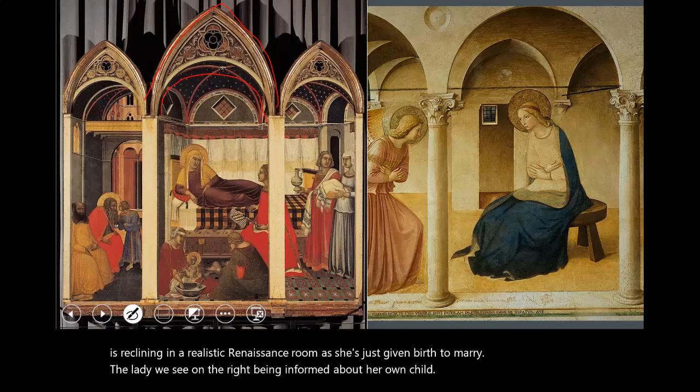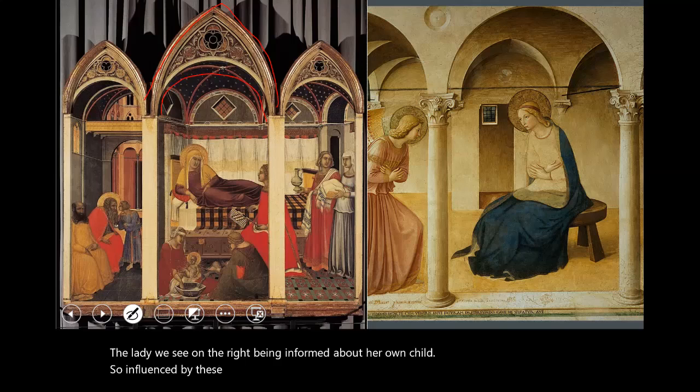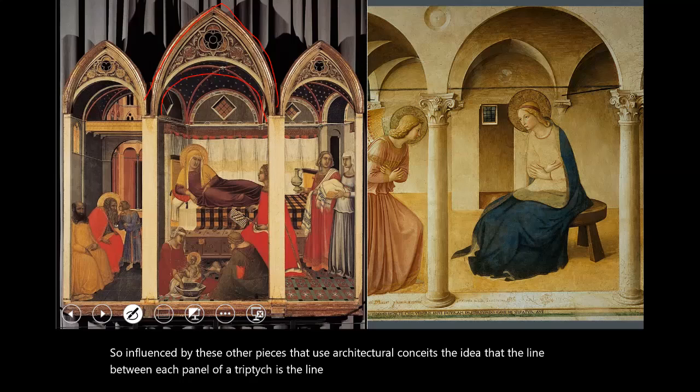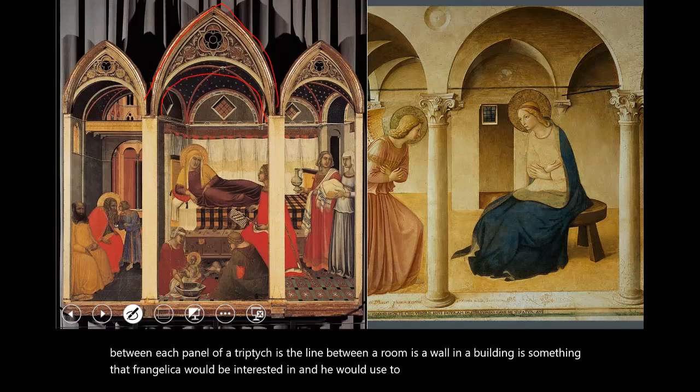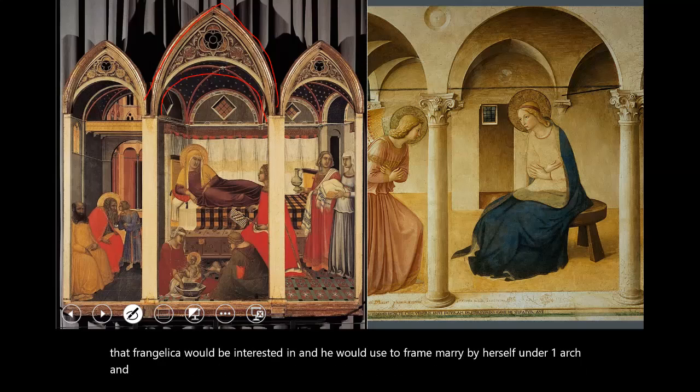So influenced by these altarpieces that use architectural conceits, the idea that the line between each panel of a triptych is the line between a room, is a wall in a building, is something that Fra Angelico would be interested in. And he would use it to frame Mary by herself under one arch and Gabriel in his own arch as he has just landed from the outside.